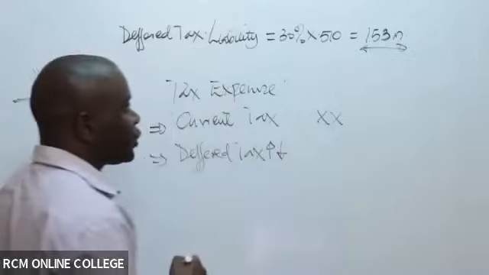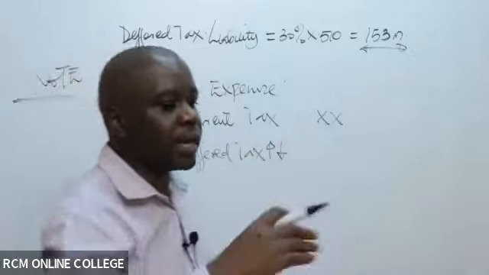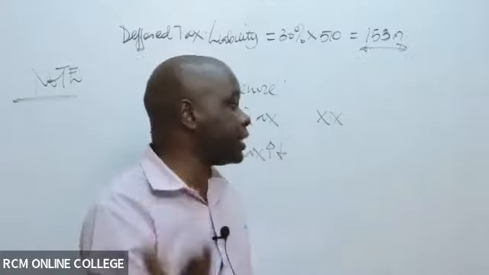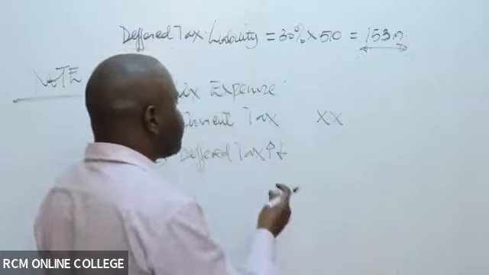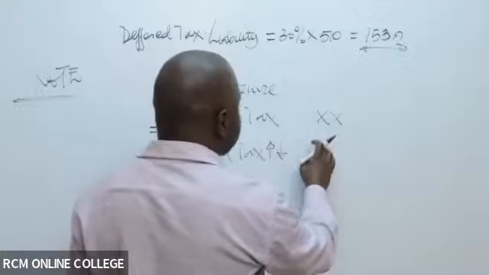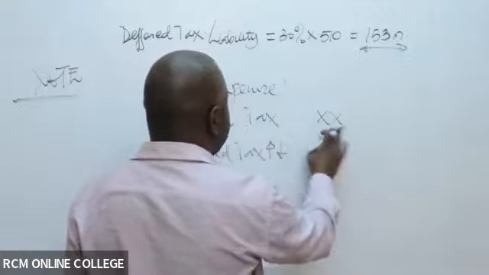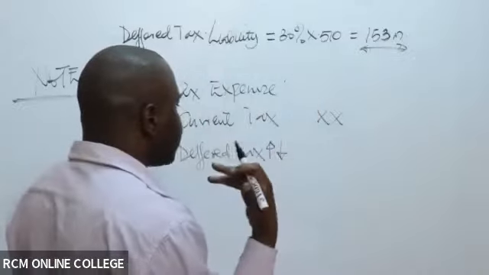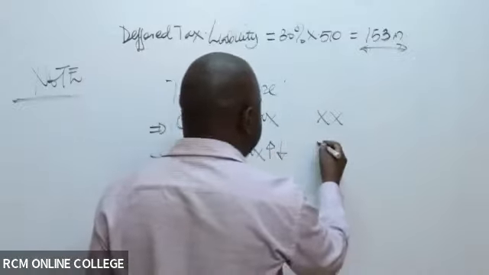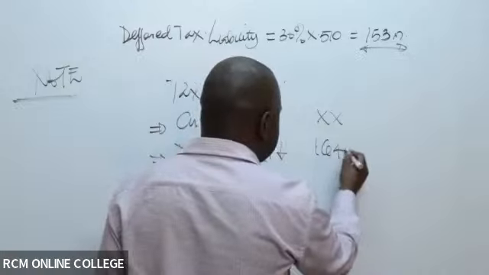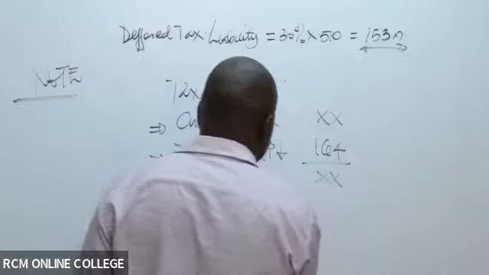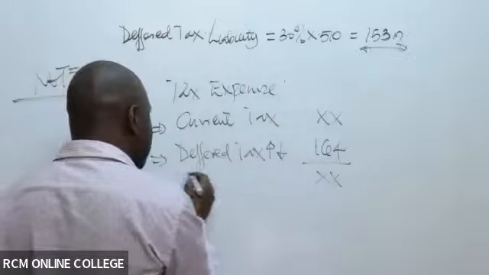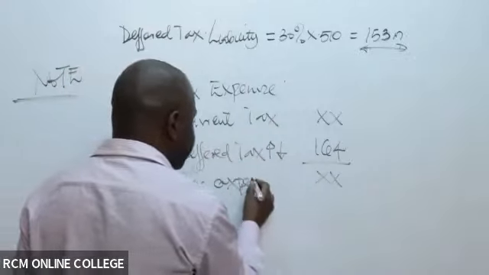In our situation, you can see we're saying it is an income, so it won't be an expense. The current tax is already an expense; you take 30% of the taxable profits. But the deferred tax here, simply because it is an income, you will add, and then you get the tax expense to be considered in the books of accounts for that year.